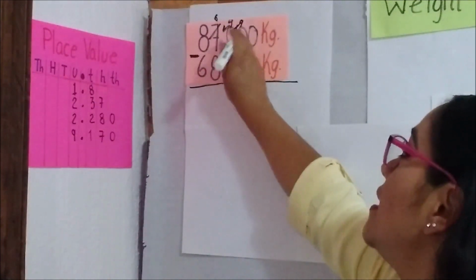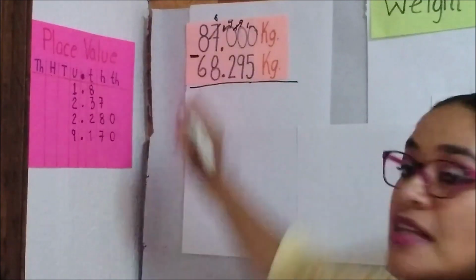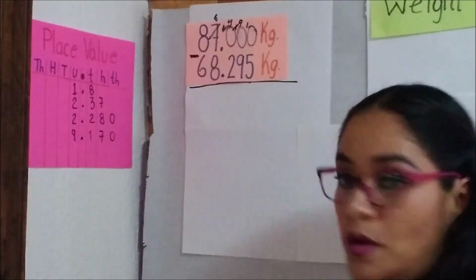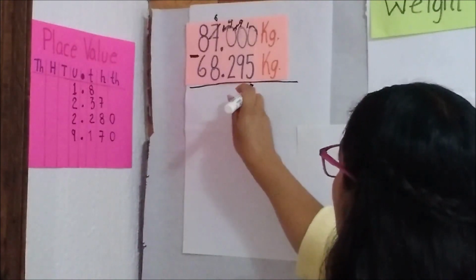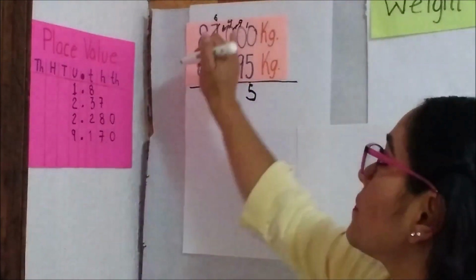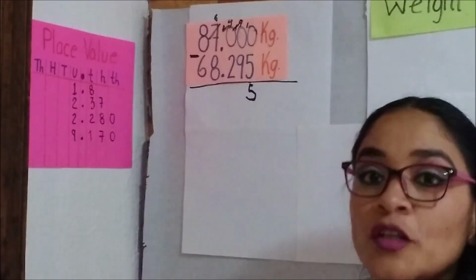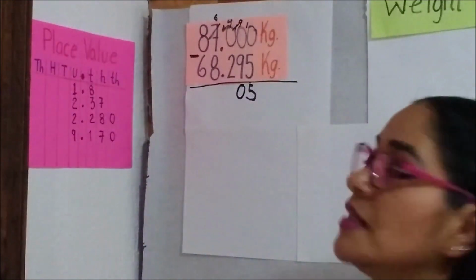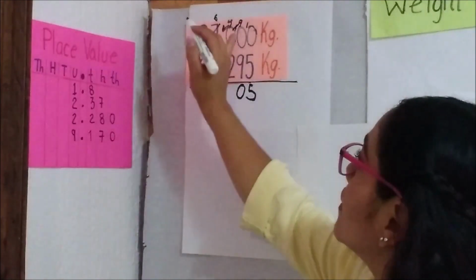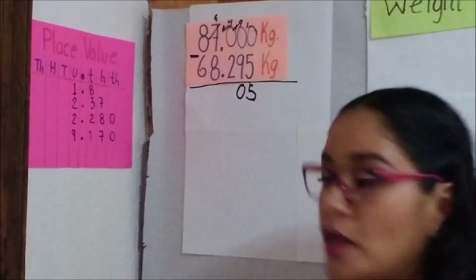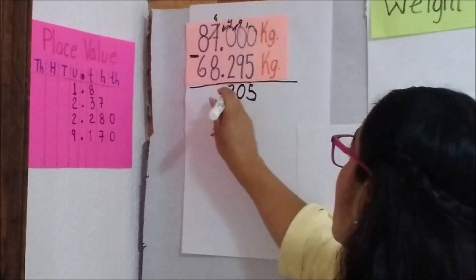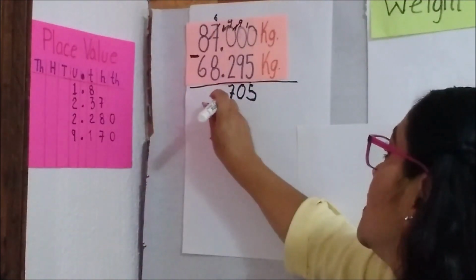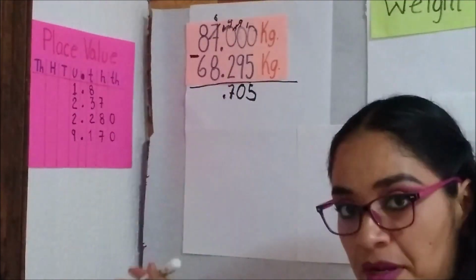It becomes a 9, and it is now a 10. 10 minus 5 equals 5. 9 minus 9 equals 0. 9 minus 2 equals 7. We're going to copy the decimal point in the same place.